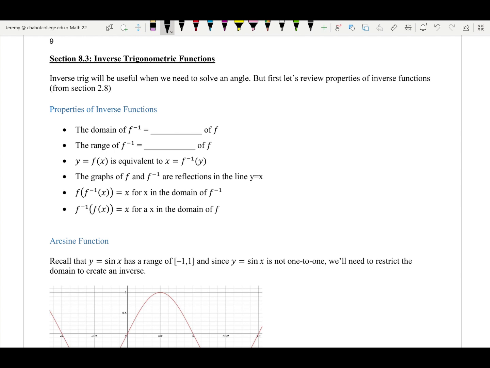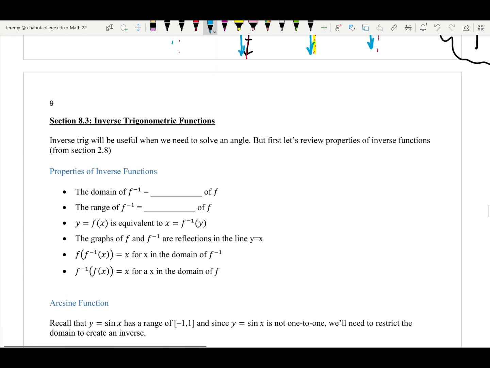Recall from your college algebra class, or even before that, when you first start thinking about functions, we'll draw a lot of different types of diagrams. One type of diagram that we draw pretty often is this one.